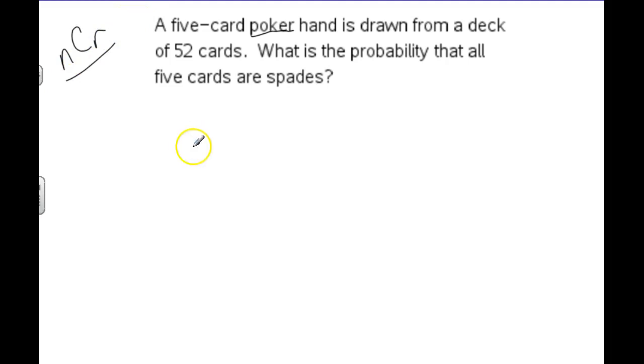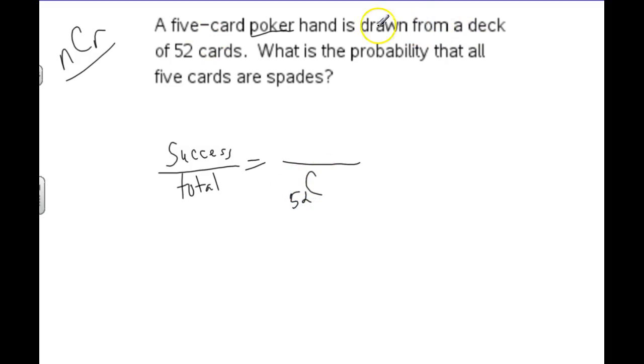We're also combining the idea of probability: success divided by total here. Let's think about the successful. Well, I think about the total first. So we're going to use nCr. What's my n and what's my r here? n is the total possible things, so we're choosing from 52.